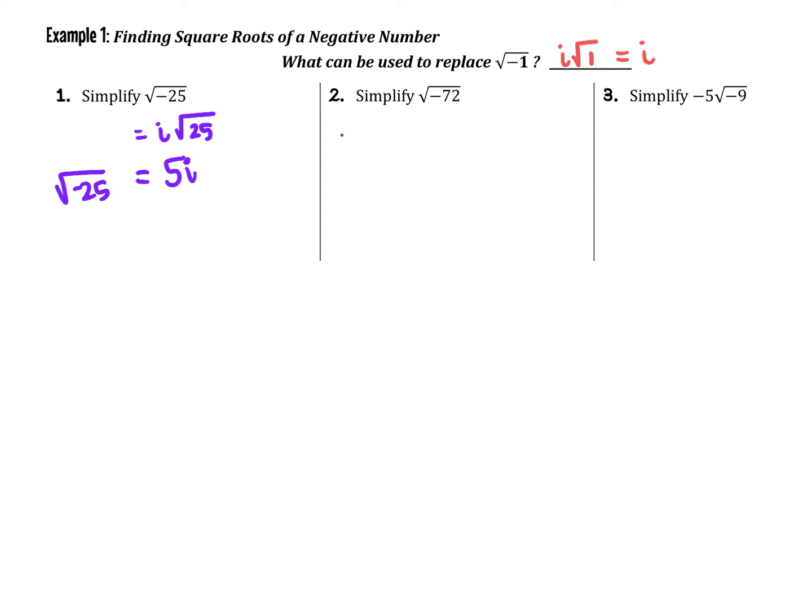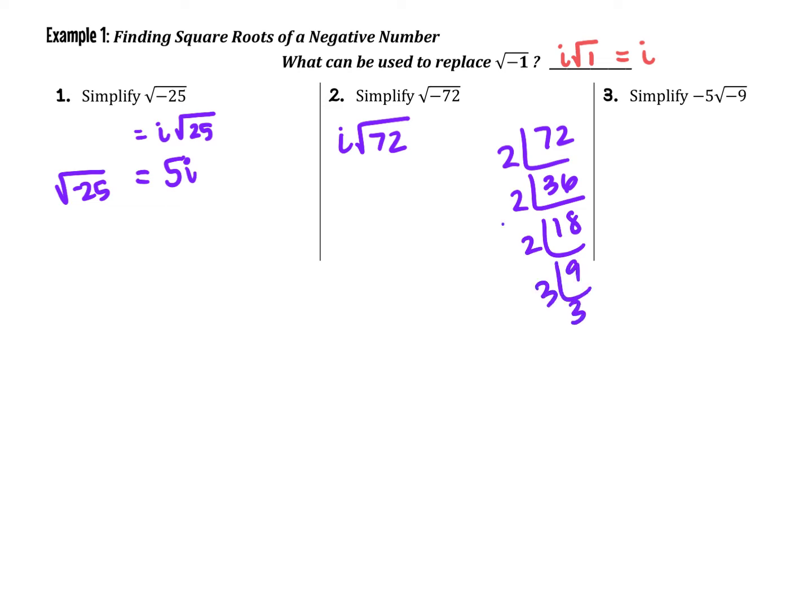So similarly with the square root of negative 72, I can take the negative away by putting an i in front, and then I'm going to simplify the square root of 72. Whether you're making a factor tree, also known as the upside down birthday cake, or you're using different properties to simplify, it doesn't really matter as long as you know how to simplify a radical.